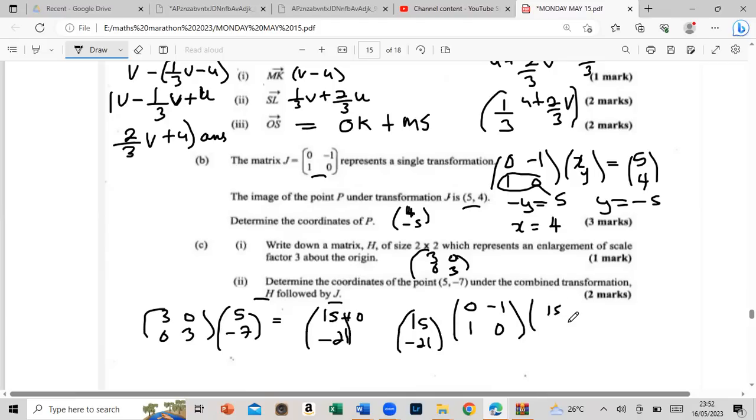So 0 times 15 is 0, negative 1 times negative 21 is positive 21, and then 1 times 15 is 15. So the answer should be 21, 15. Let me just double check. Okay, a lot of work.